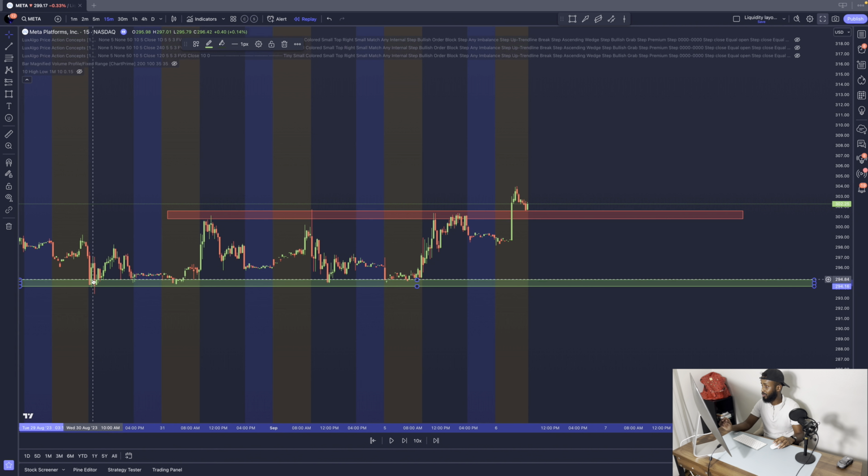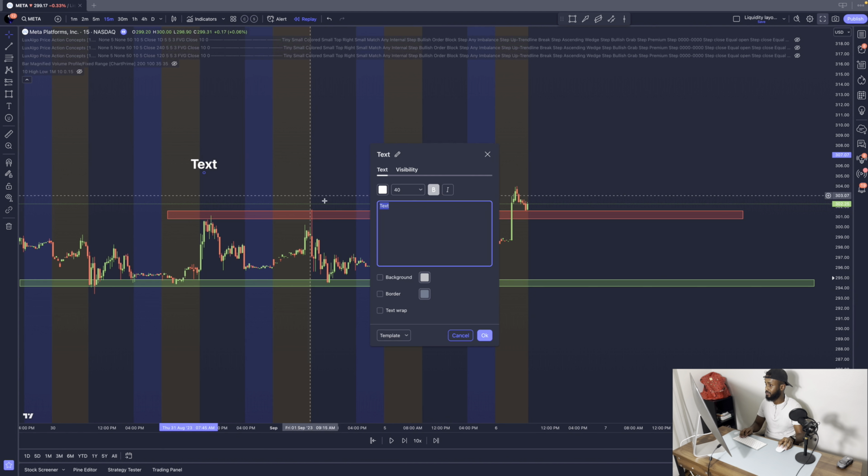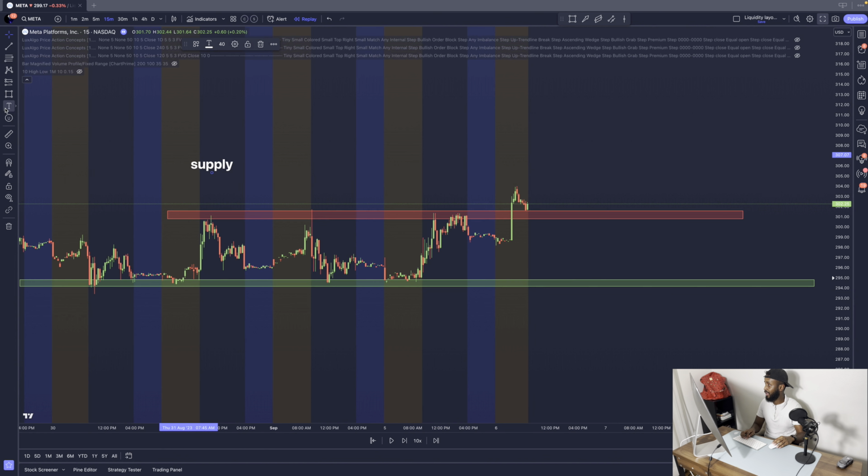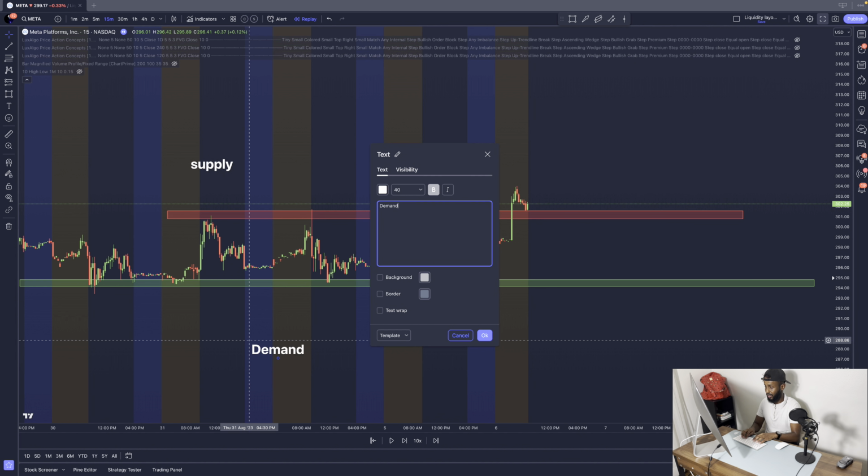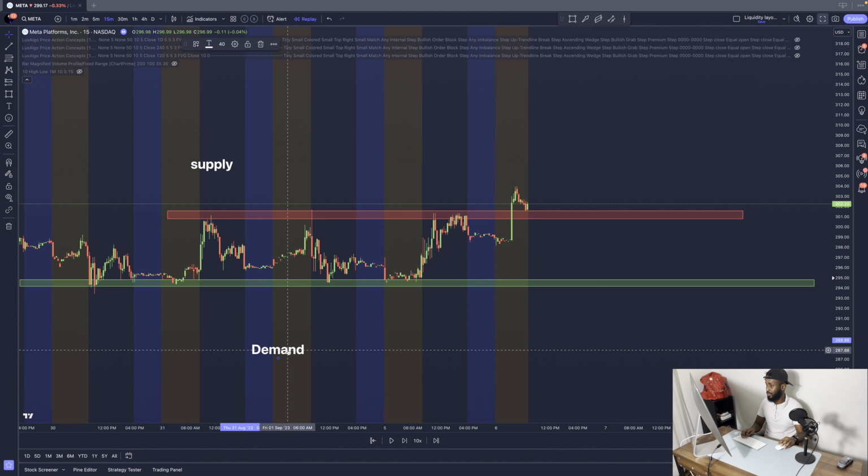When price came down to this level, buyers saw it as cheap and they bought around this area. This doesn't mean when price comes here you buy and when price comes here you sell. That is only the first level. You were able to determine a supply area and you were able to determine a demand area.